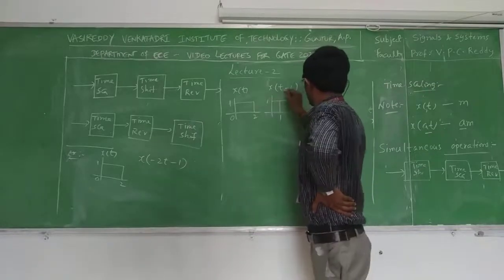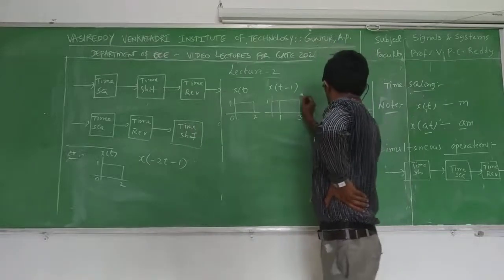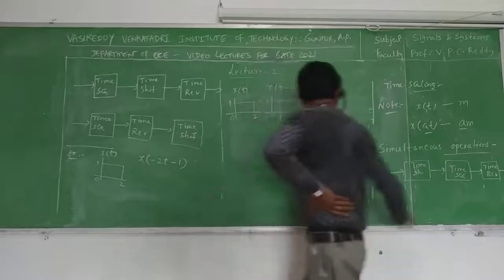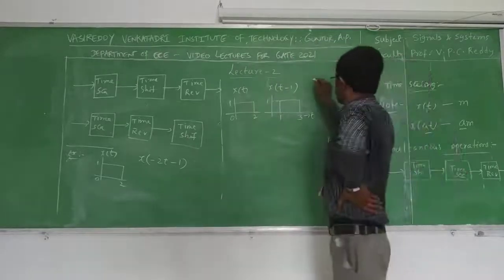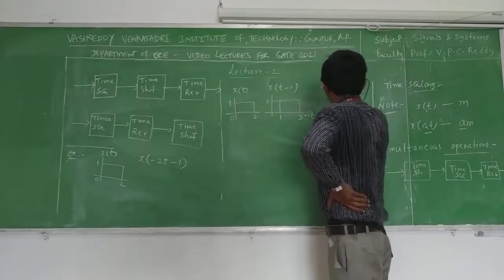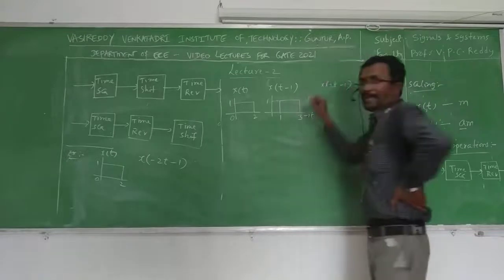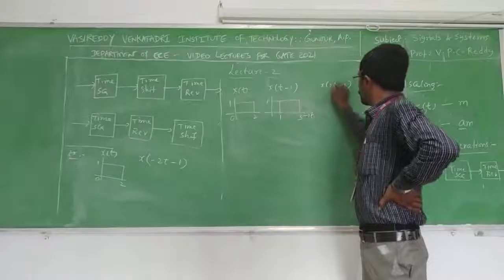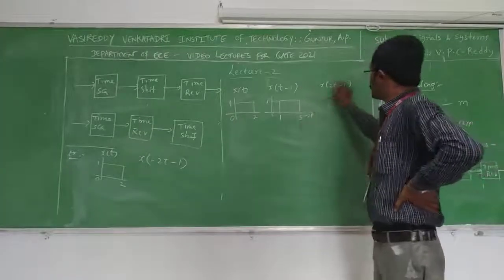This is from 1 to 3. The magnitude is 1. Shifting is done. Next, scaling. 2t minus 1. Since a is greater than 1, this will be time compression. For scaling, we have to divide these amounts by the scaling amount.